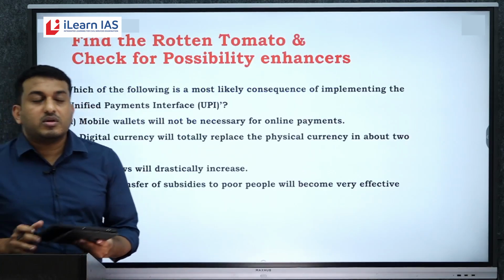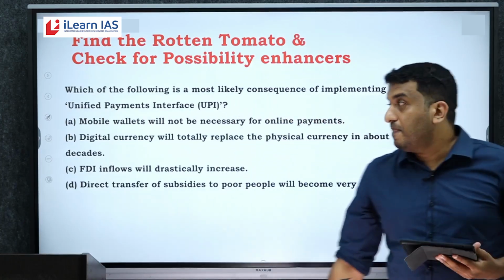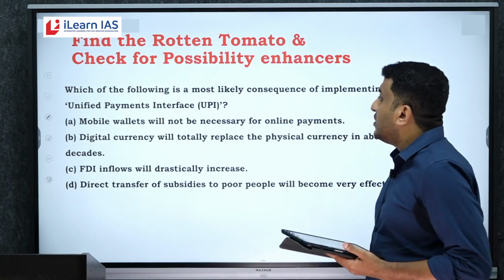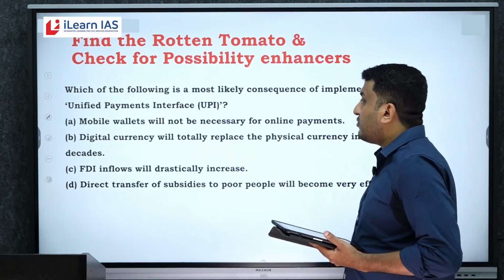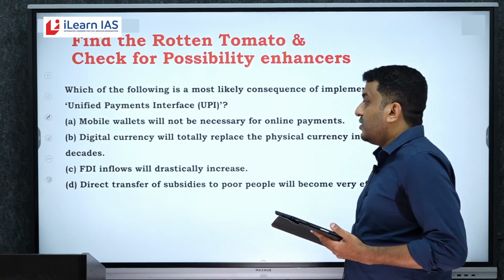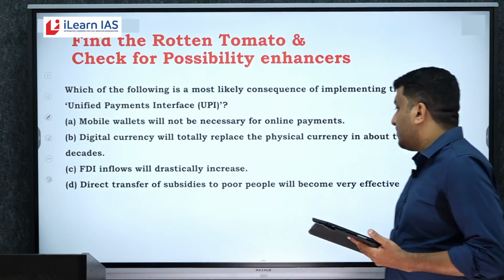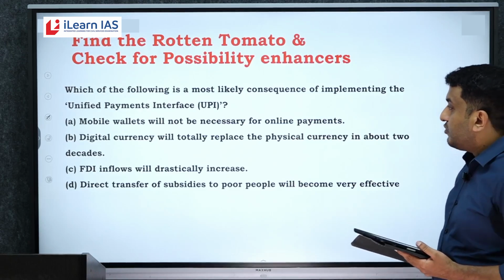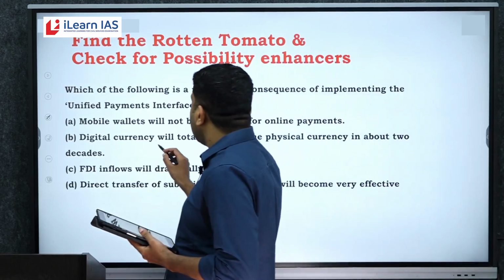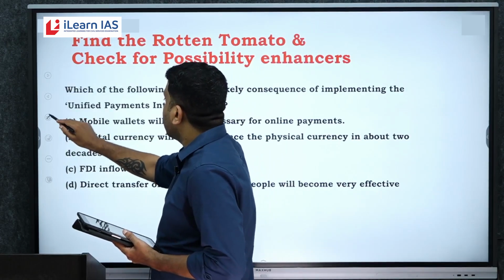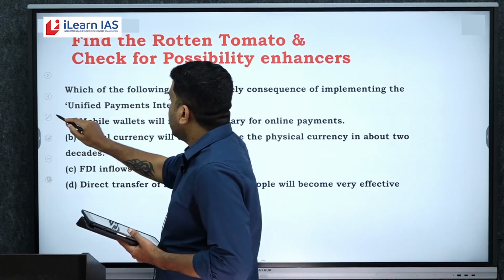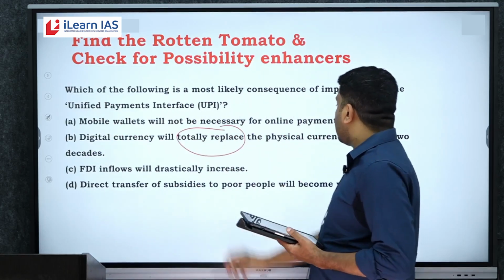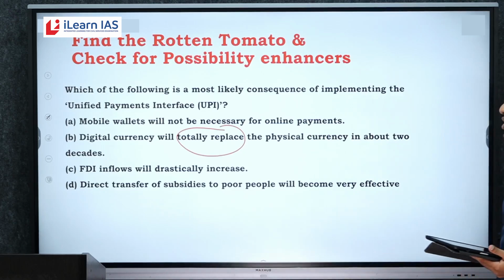If I talk about this particular question, which of the following is a most likely consequence of implementing the Unified Payment Interface? Okay, if you read carefully all the four options, if you read option B, a digital currency will totally replace the physical currency in about 2 decades.